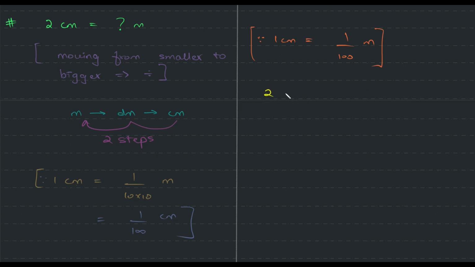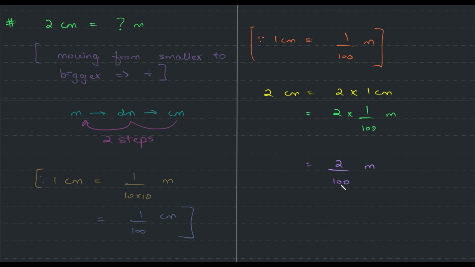What we're looking at is 2 centimeters is equal to 2 into 1 centimeter. Now, 1 centimeter is 1 by 100 meter. So this is basically 2 by 100 meter, right? 2 into 1 is 2, and in the denominator we have 100.